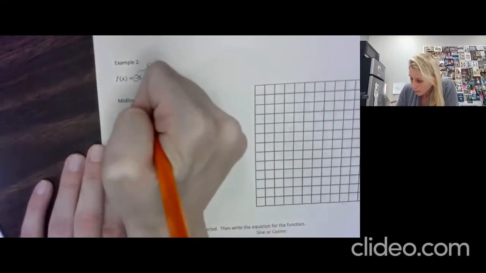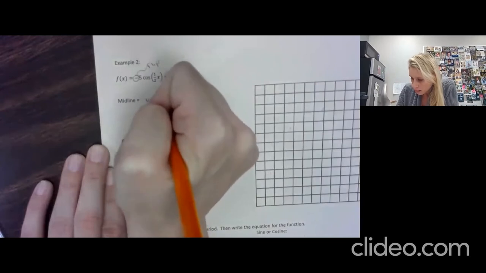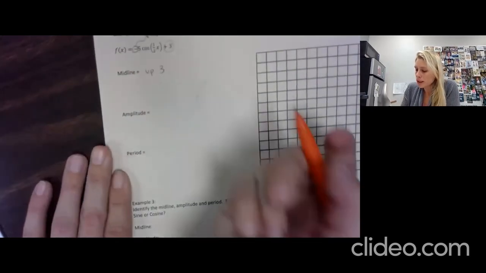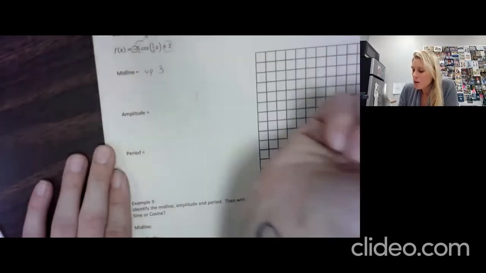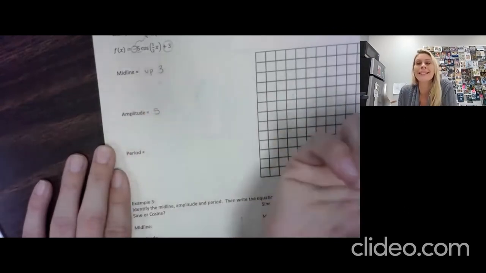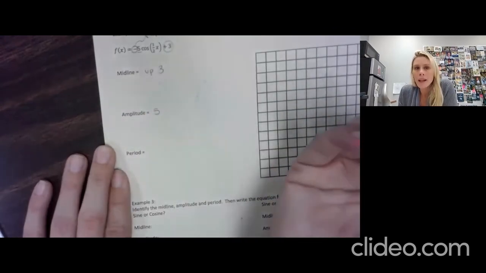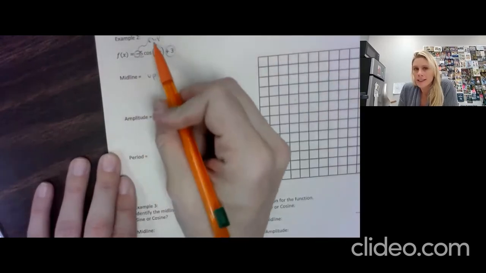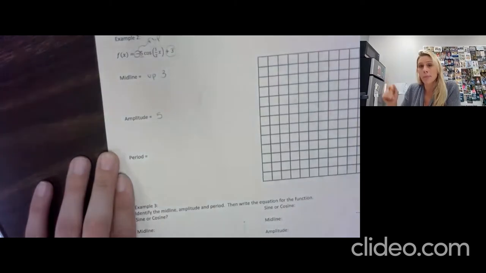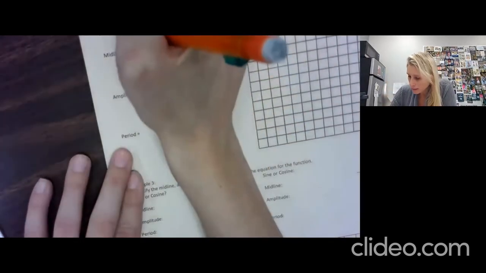So we're going up 3. Amplitude is our A out front. Now, I would rather you guys say the amplitude is 5, considering amplitude is that distance from the midline, because that negative, all that does is flip it, but that distance of 5 is still the same whether you go up or down.